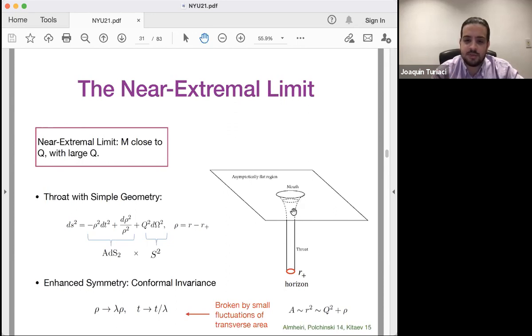So here it looks constant, but it's really slightly increasing. And this is how the area increases with rho, which is basically the radius measured with respect to the horizon. It is important that this breaks the conformal symmetry. And it was realized by Almheiri, Polchinski, and also emphasized by Kitaev that it's important to break this symmetry to study the dynamics of these black holes.